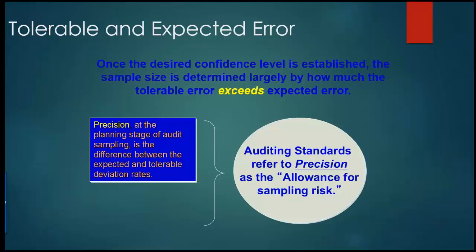The idea is that if the two items are farther apart, if we can tolerate, let's say, a 10% error rate when in fact we're only expecting 2%, well, that precision is 8%, and because that's so large, it means that we are going to have a smaller sample. When these two become closer together, the sample size increases.